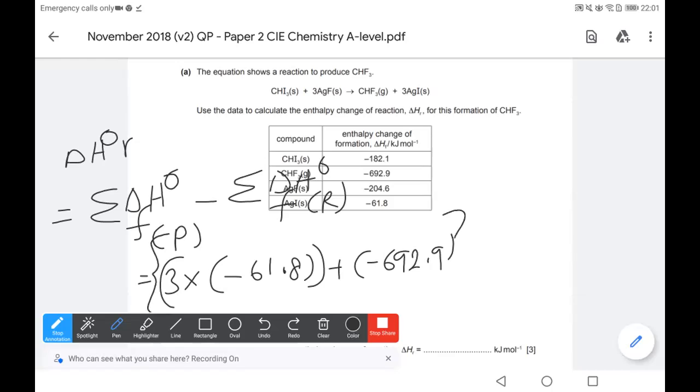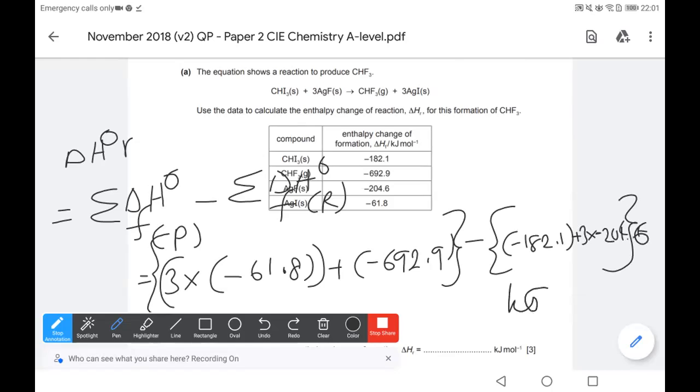Then total formation of reactants: minus 182.1 plus 3 times F2, minus 204.6. You can put kilojoules per mole later. Like that.